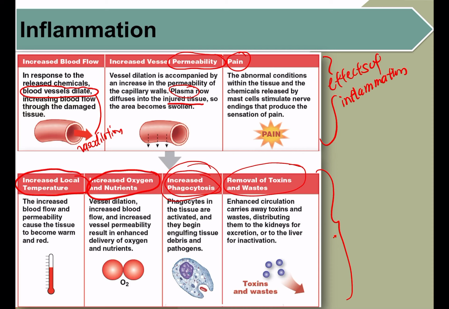There's a whole bunch of functions we'll go over for the liver in second semester. It makes a lot of proteins, but one of the big things that the liver does for us is detoxification. So any toxins we have in the body will go through the liver first. The liver will have some way to neutralize it for us. And then the kidney is for removing those toxins in the form of urine.